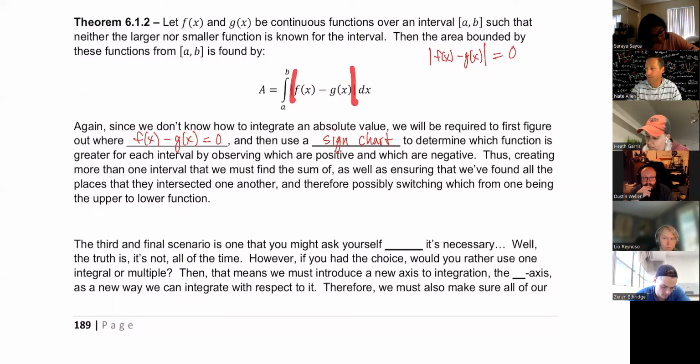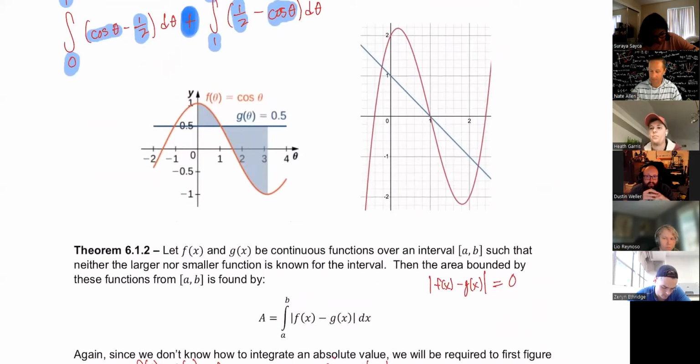To not having to graph and to not have to really figure out what is above and what is below and where. This is our algebraic way rather than having to use geometry in seeing which is above and which is below.